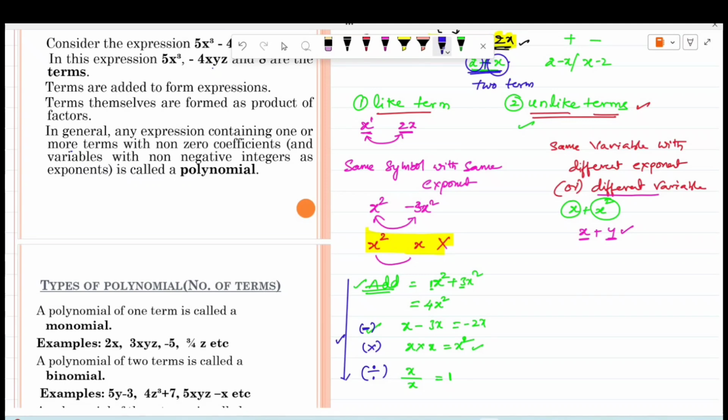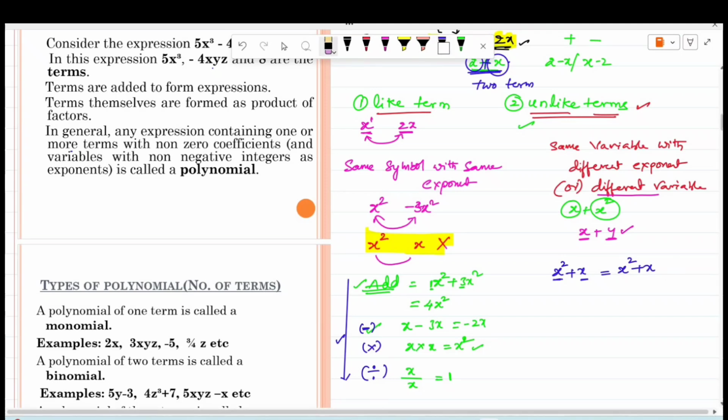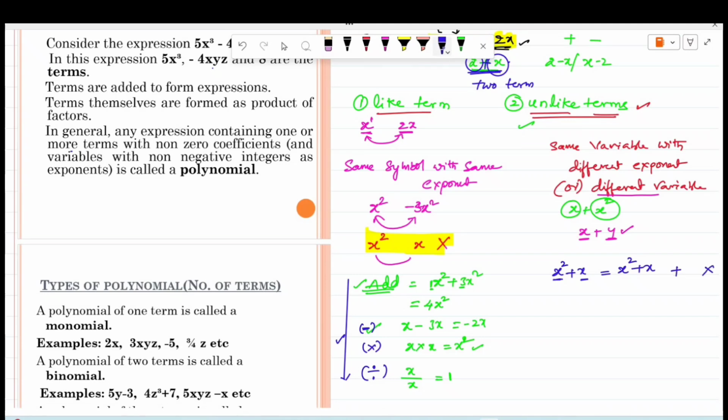In the same scenario, is it possible with unlike terms? Observe that x square added with x, these both are different terms, the same variable but different exponents. This cannot be simplified, so it remains x square plus x only. Addition is not possible.